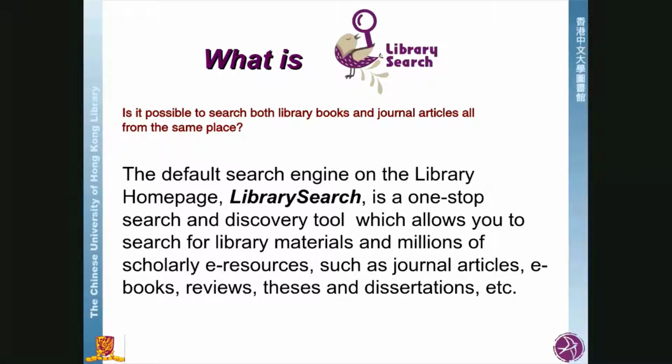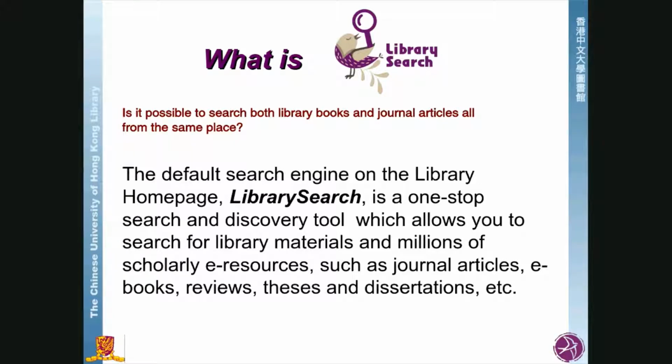First of all, let me give a very brief idea of what LibrarySearch is, because today we are not focused on the basic information. We're going to look at the advanced search. Before we move on, just a very quick idea. LibrarySearch is the default search engine on the library homepage.